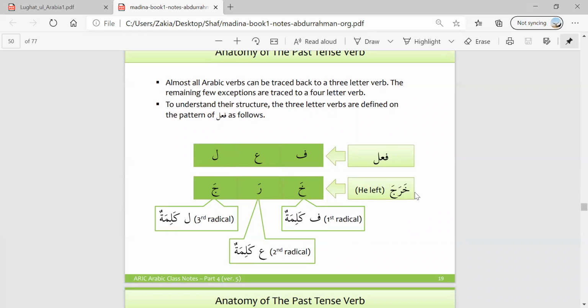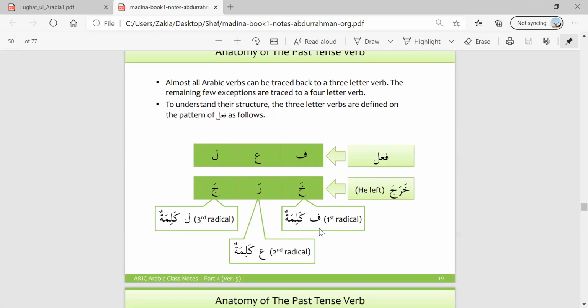You may have a base tense in Arabic that's put into a past or future tense, and you also know that you will put seen or ya, and in the past tense you will have waw and alif if it's jama mudhakkar. What do you need to do? You need to strip all those extra words away and make the base verb, and the base verb matches fa'ala. So kharaja, fa'ala. That's the way it basically means matching it up.